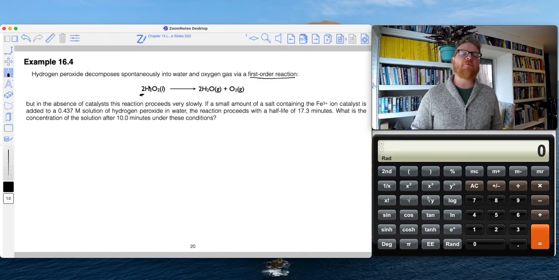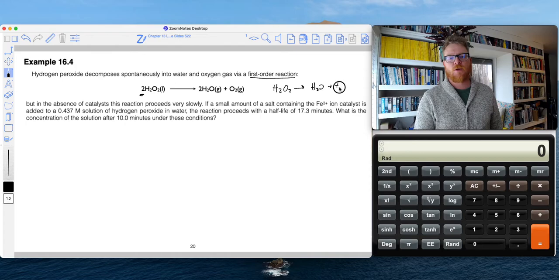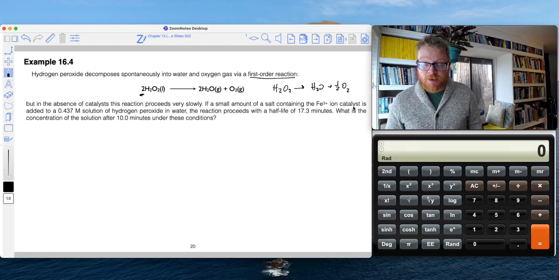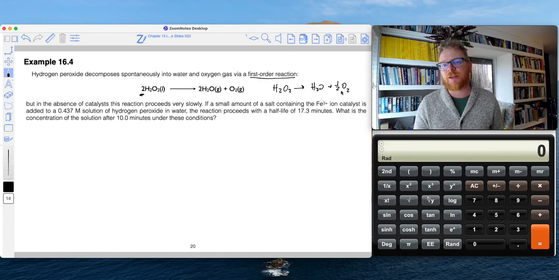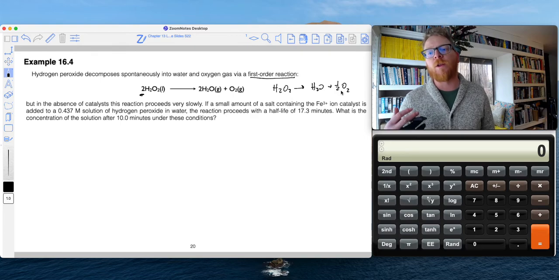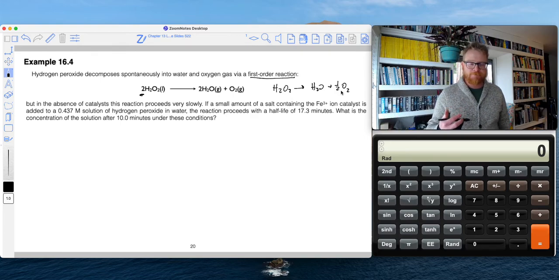And if I didn't have that 2 in there, I would have the equation balanced as H2O2 goes on to make H2O plus 1/2 O2, and that's perfectly okay. Because we recognize these aren't like 1/2 of a molecule, it's just 1/2 of a mole of molecules, right?